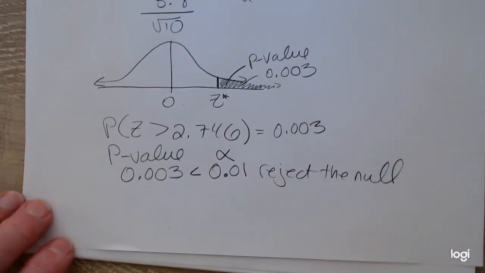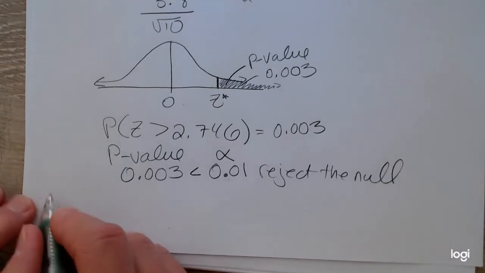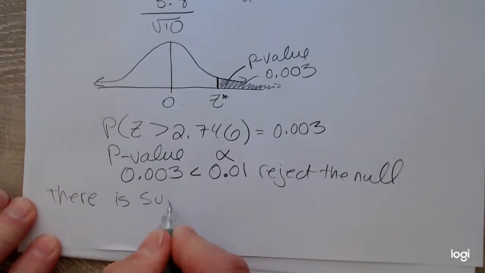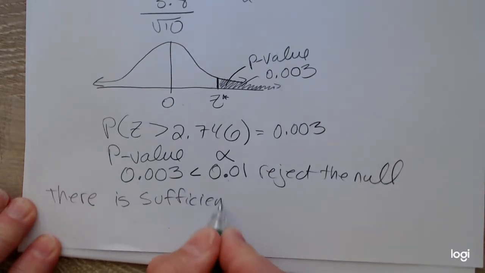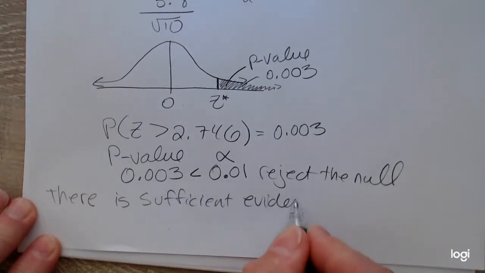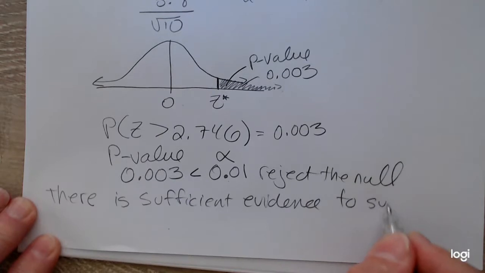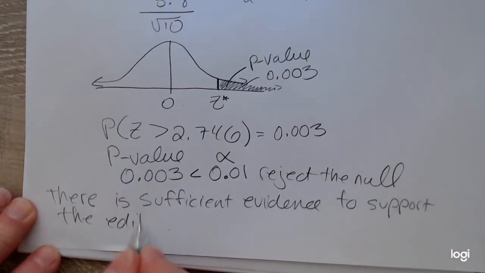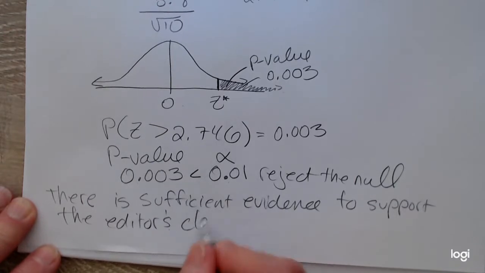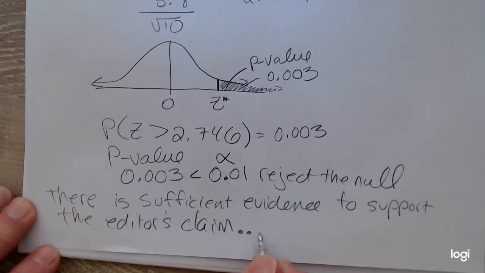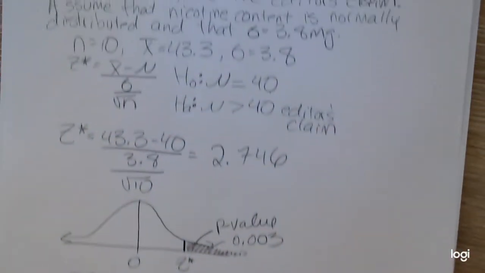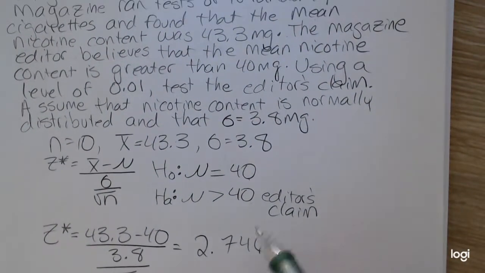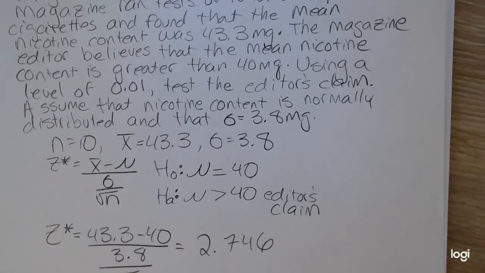So to write the decision and conclusion, the correct way to say it is that there is sufficient evidence to support the editor's claim that the mean nicotine content of the cigarettes is actually more than 40 milligrams.